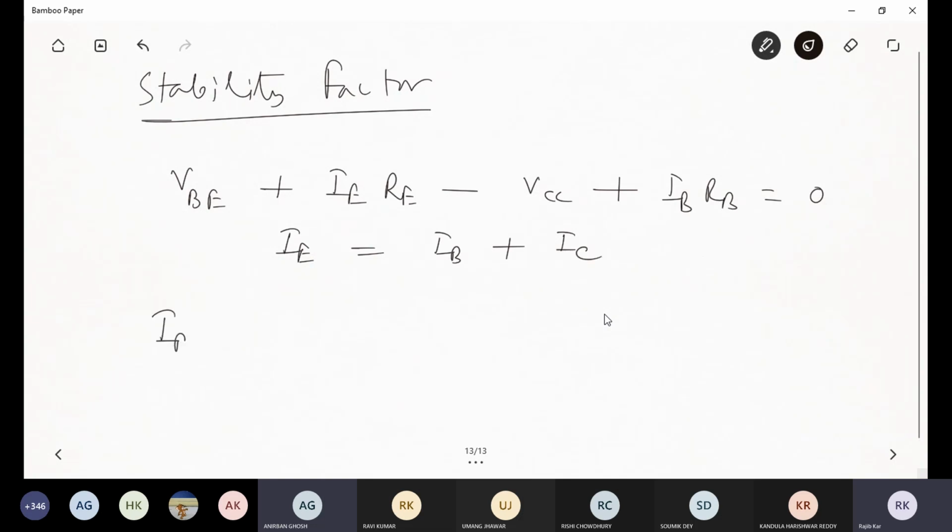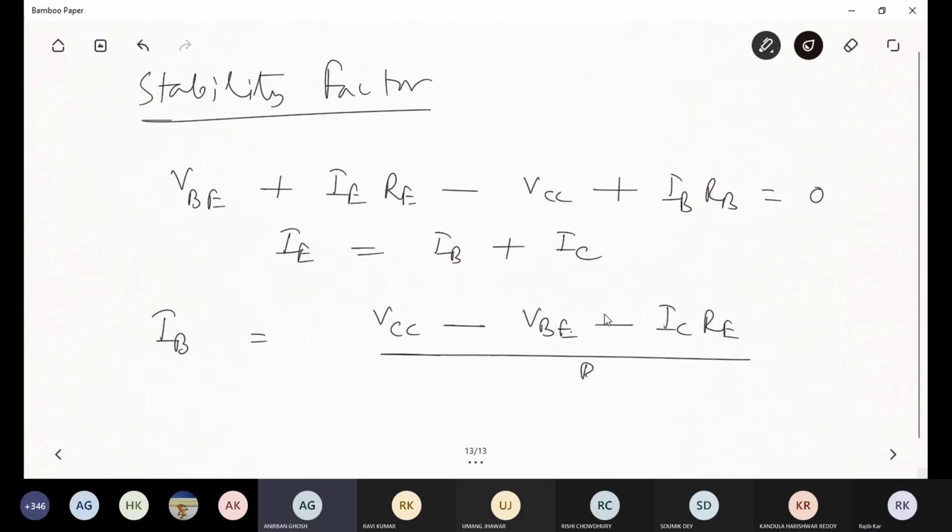To find out the value of IB, this is VCC. You just substitute IE equal to IB plus IC, and then take IB to one side. This is VBE minus this, divided by RC, RE plus RB. Let us say this is equation number 1.